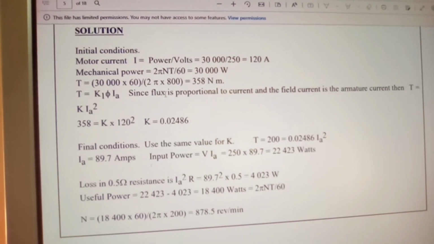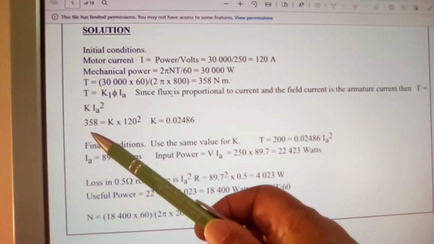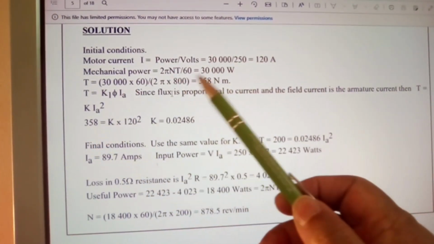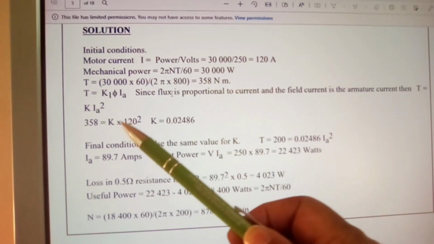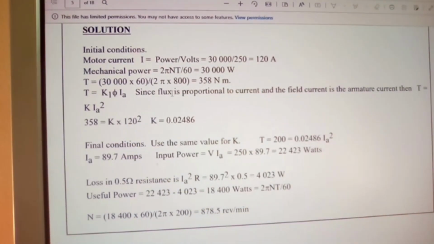So here we have 358, and we know that came from Newton meters, equals K times 120 squared.